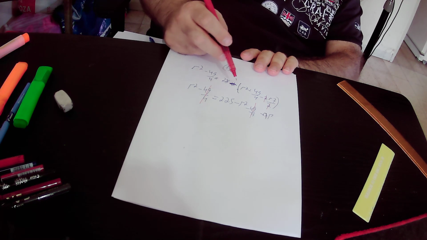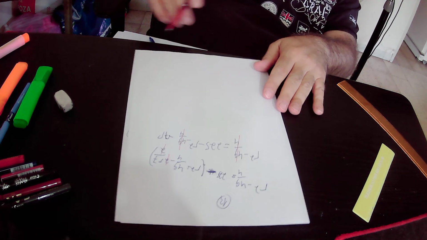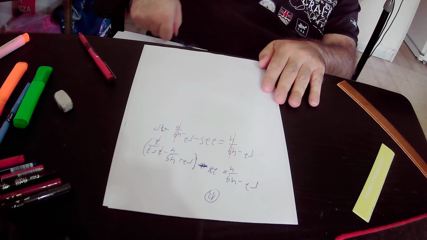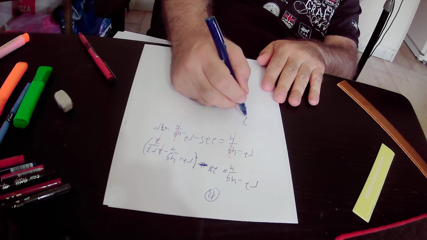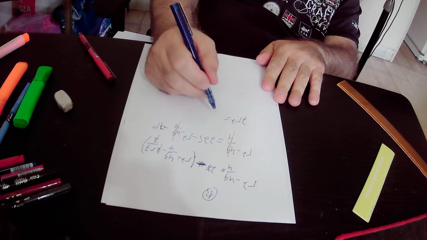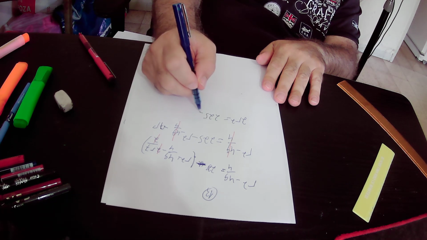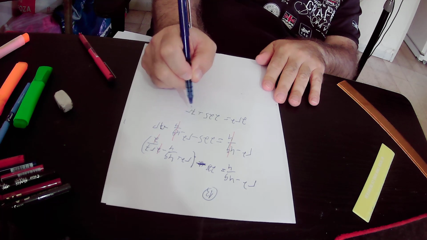Here we will add R squared to this equality, and we will get that 2R squared equals 225 plus 7R.